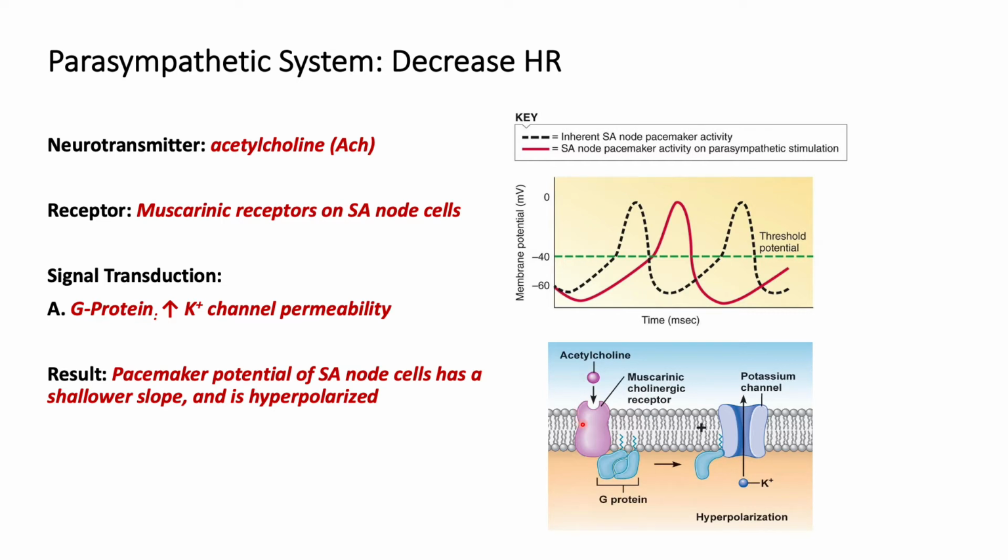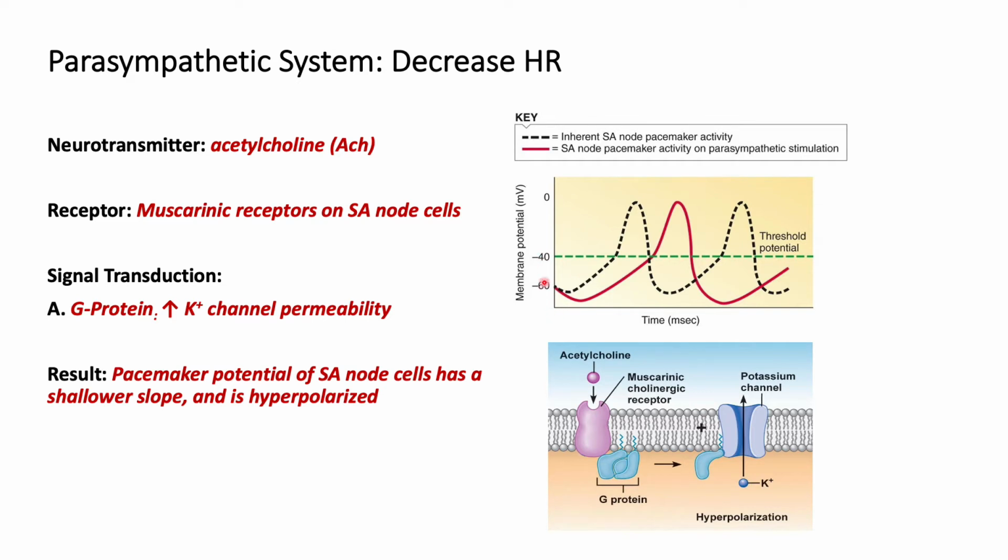That's going to bind this muscarinic receptor, which is a G protein coupled receptor. And ultimately, upon activating this G protein, what we do is we increase potassium channel permeability. Okay? We'll look at which specific potassium channel in a second. But what we see then ultimately is we alter our pacemaker potential.